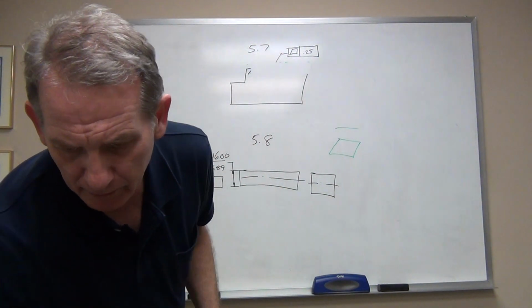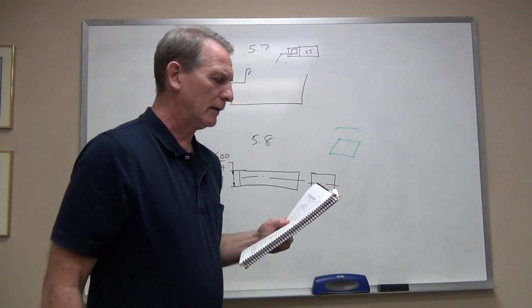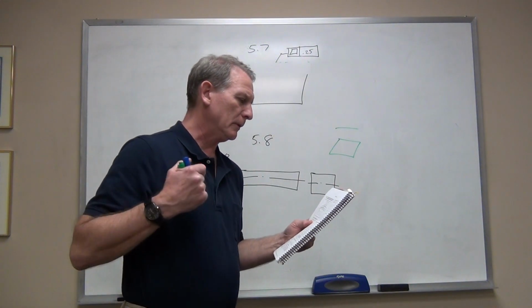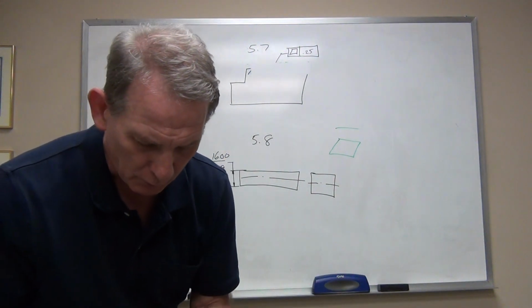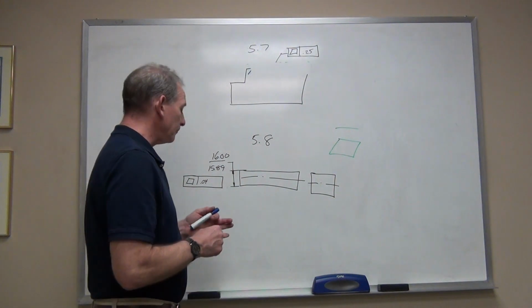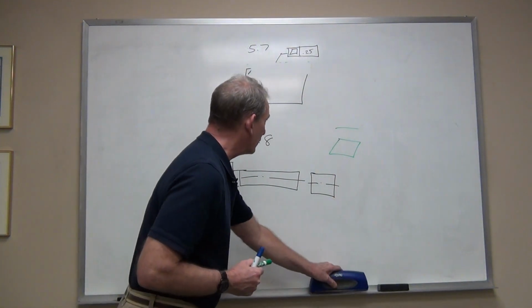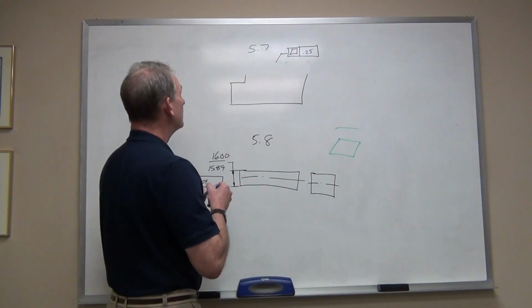Now, if you look at the size dimension on this part, it's 18.5 upper limit, 17.9 lower limit. We can run into sort of an odd scenario. Let's say that this was a carelessly machined part.